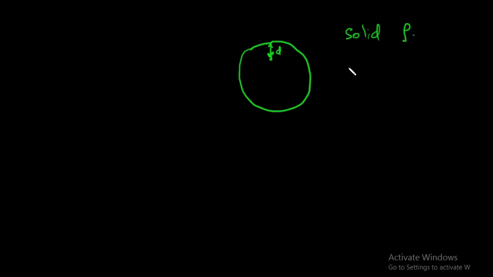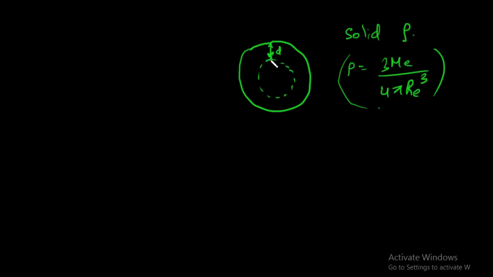So rho is the mass of the earth divided by 4 by 3 pi Re cube. So when the particle is over here, let us say the effective distance between the particle and the center of the earth is r. So this is the whole effective mass. The outer surface mass will not be counted as the particle has gone down.